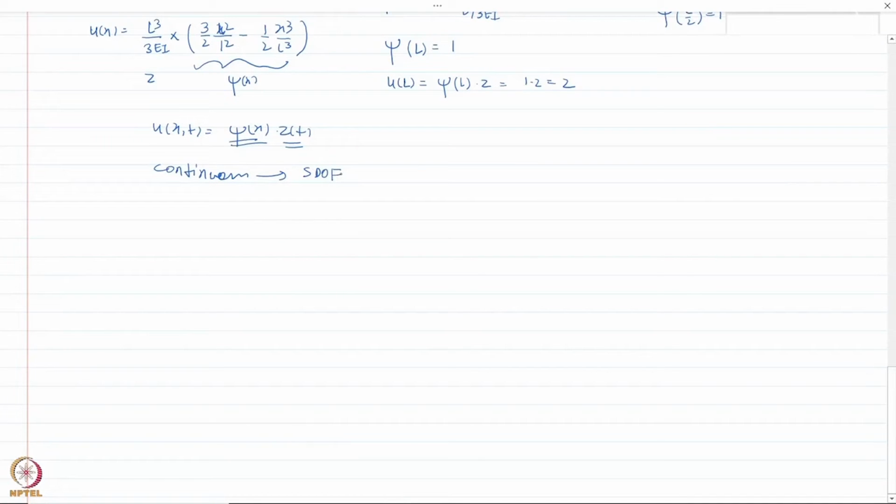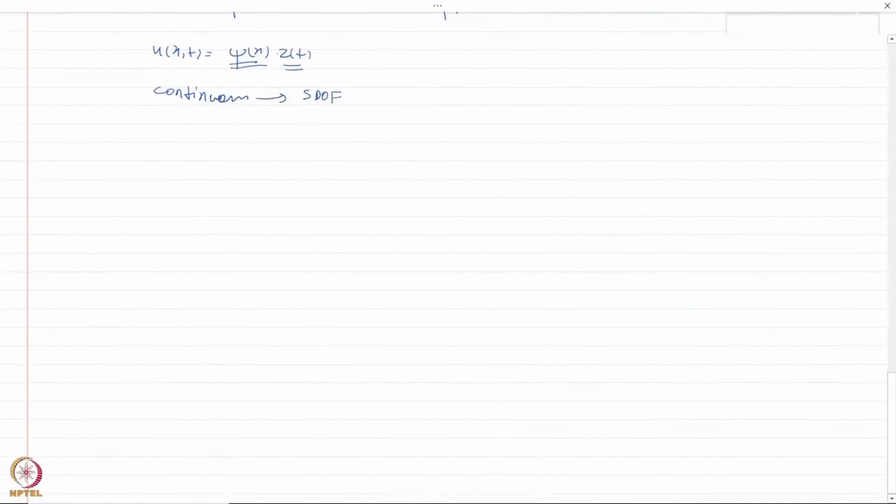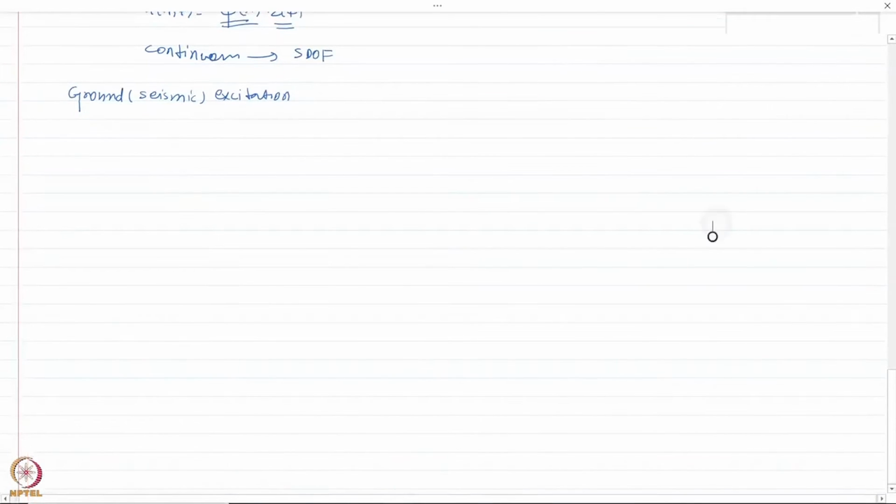So we are going to consider an example of ground excitation, let us call it seismic excitation. Basically, I have the same cantilever beam, and it is undergoing vibration due to ground motion.